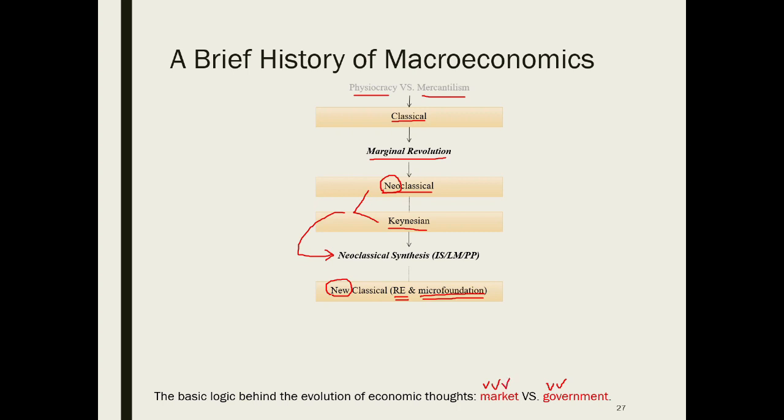As a response, the Keynesians introduced microfoundation and rational expectation as well into their models, and they further assume price rigidity and the Taylor rule of monetary policy. We will discuss all these things in the future lectures, so don't worry if you don't understand what these phrases mean.